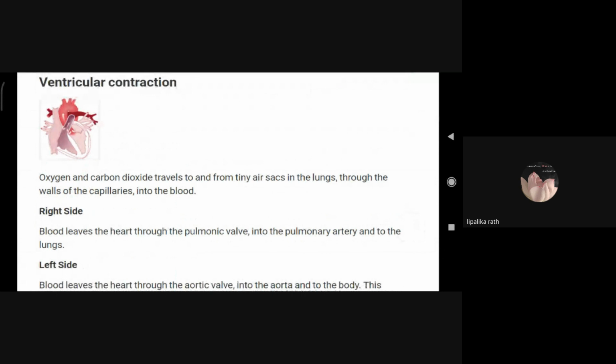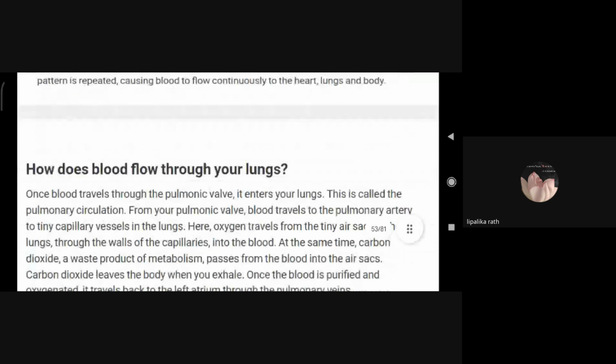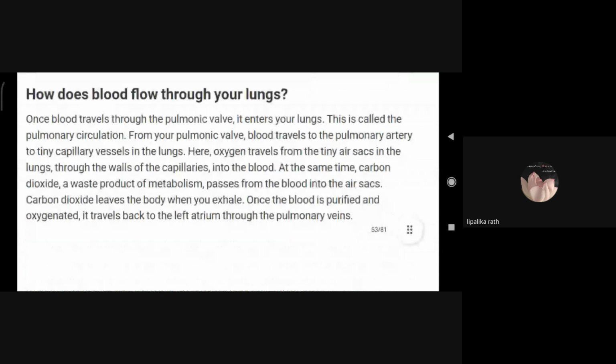Same thing, we all know these things. How does blood flow through your lungs? Once blood travels through the pulmonic valve, it enters your lungs. It's called pulmonary circulation. From the pulmonic valve, blood travels to the pulmonary artery and to tiny capillary vessels in the lungs. Here, oxygen travels from the tiny air sacs in the lungs through the walls of capillaries into the blood.